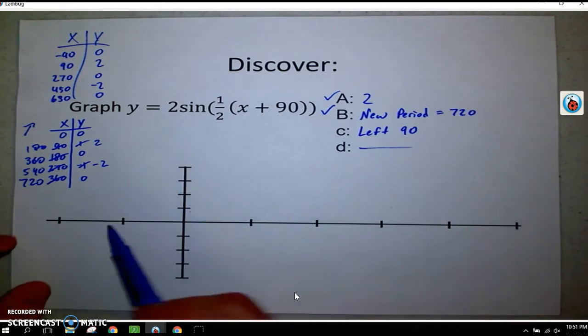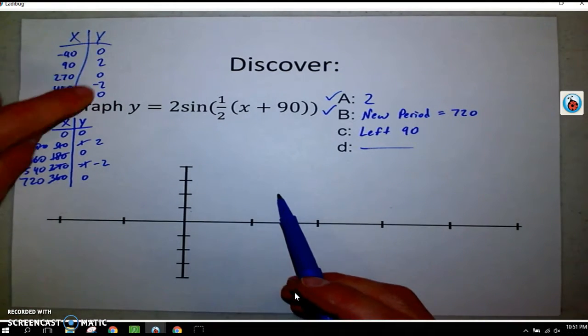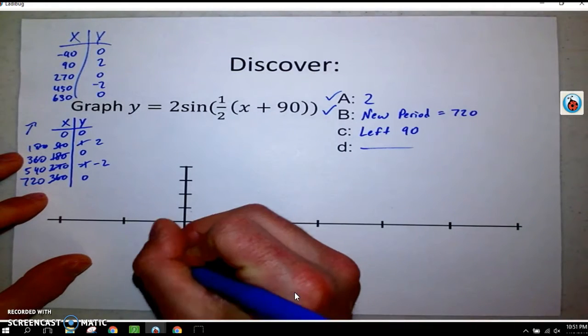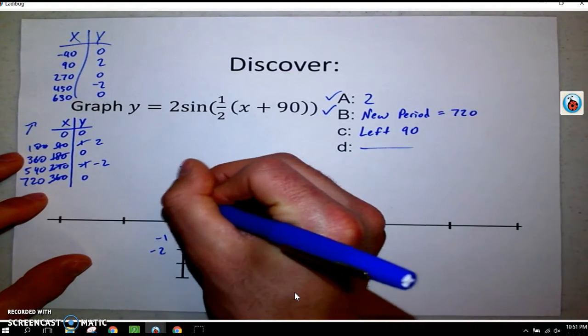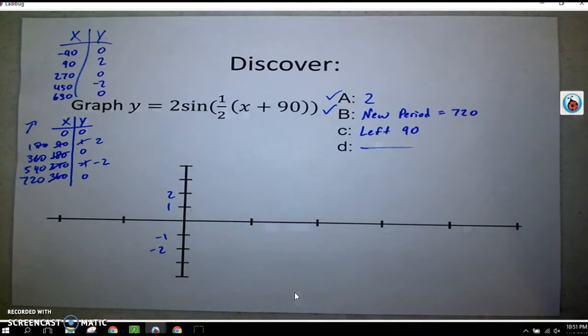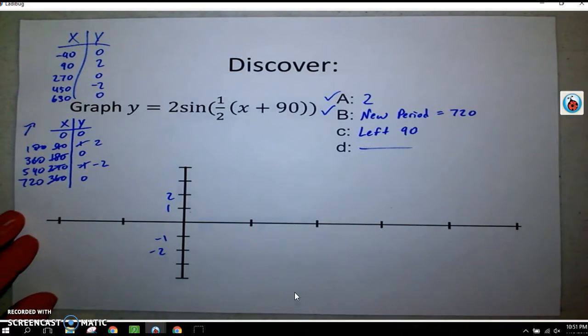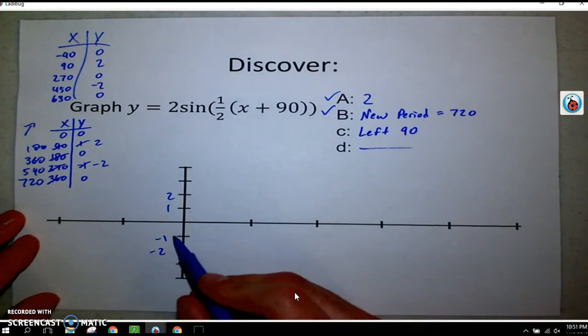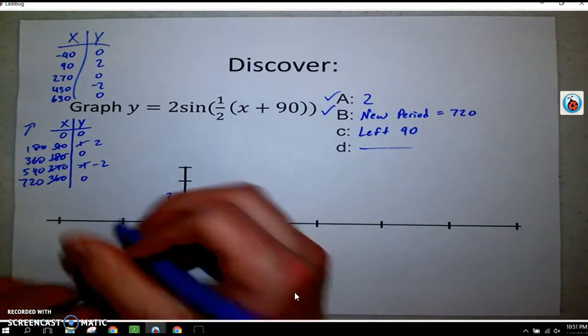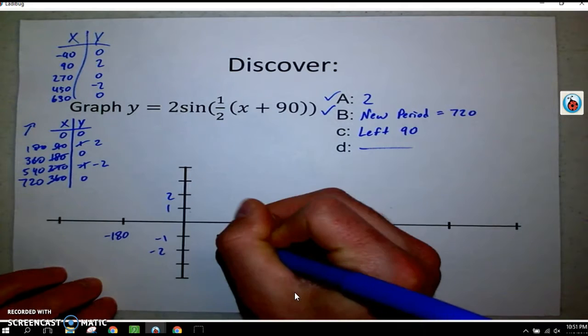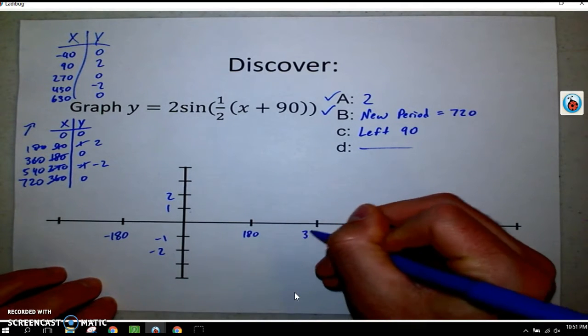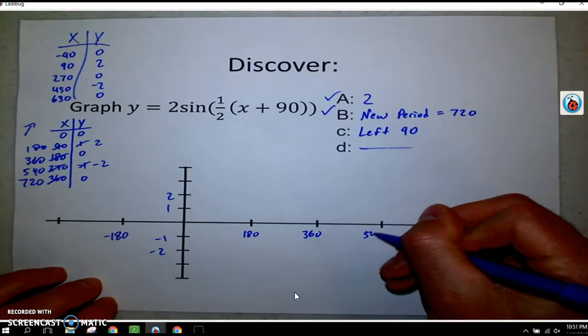So as I go to label my axes here, I need values for y going from negative 2 to 2. So I could just label that by 1, so that'll be no issue. Since my new period was 720, I'm going to label by 180s. So negative 180, 180, 360, just as I have done in the past.